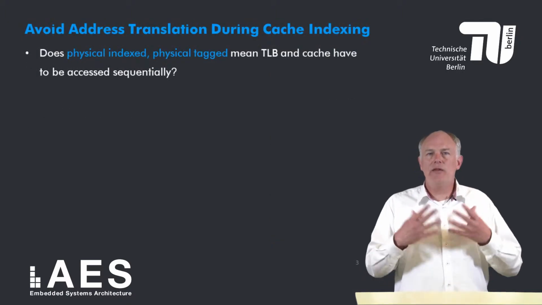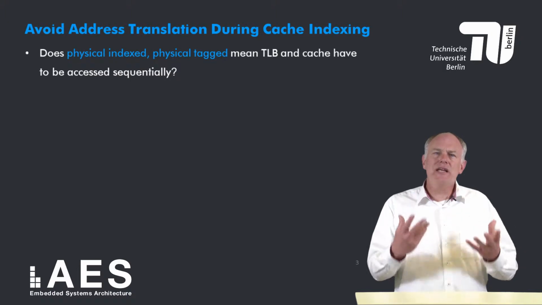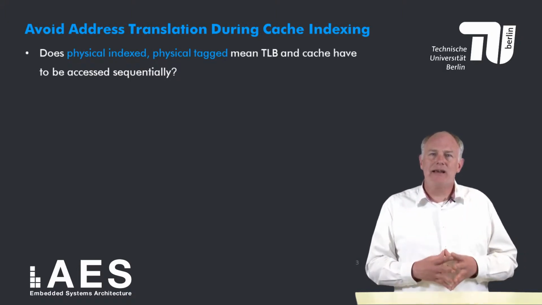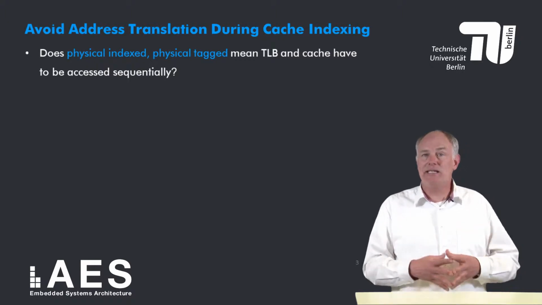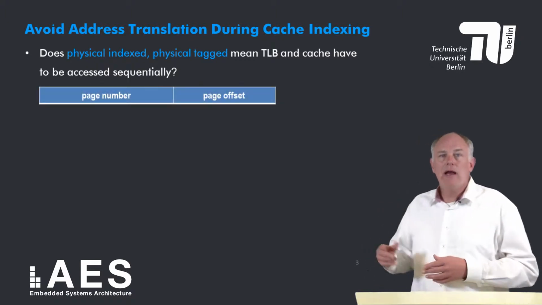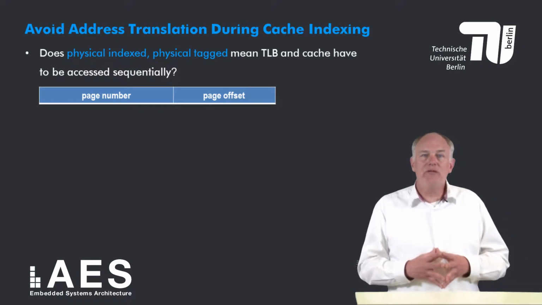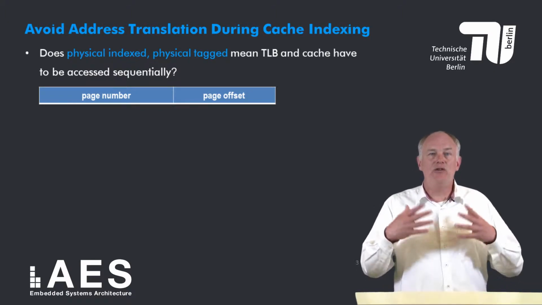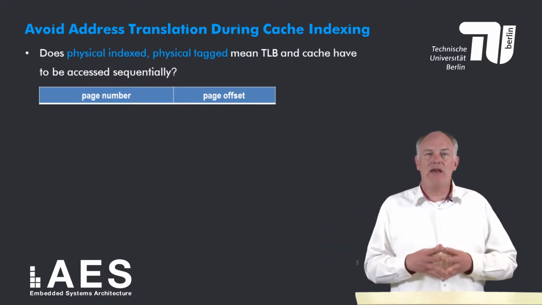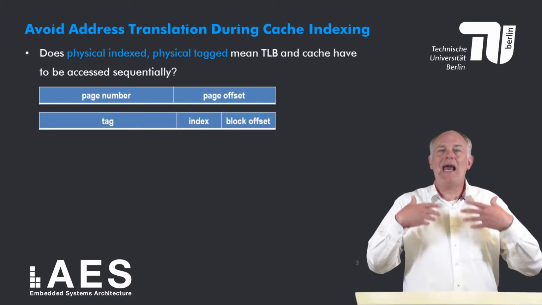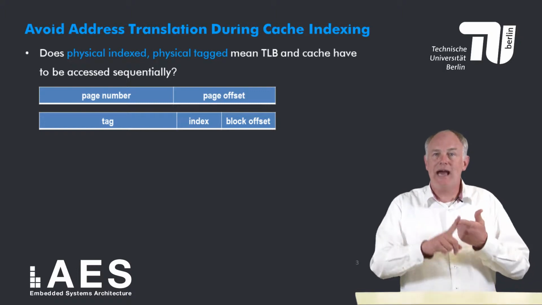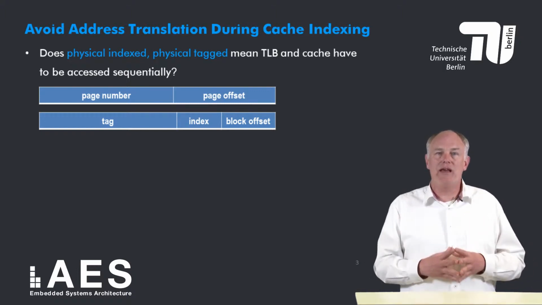First, let's consider this question. Does physically indexed, physically tagged mean that the TLB and the cache always have to be accessed sequentially? Well, let this figure be the division of virtual addresses into page number and page offset. And let this be the division of an address when accessing the cache into tag, index and block offset.